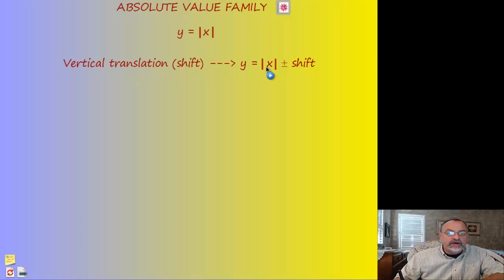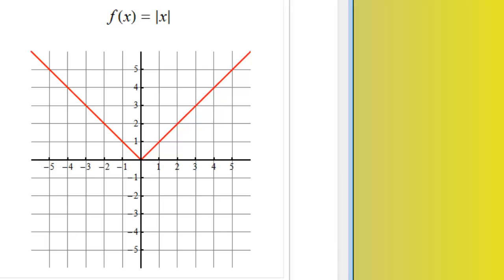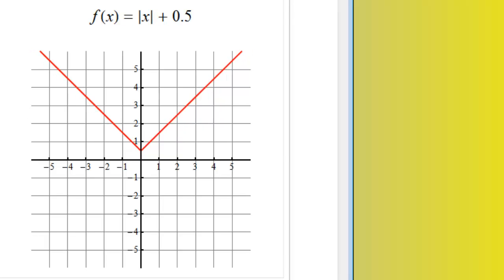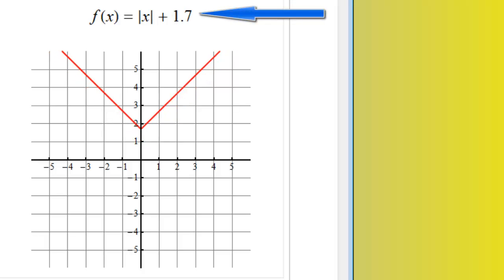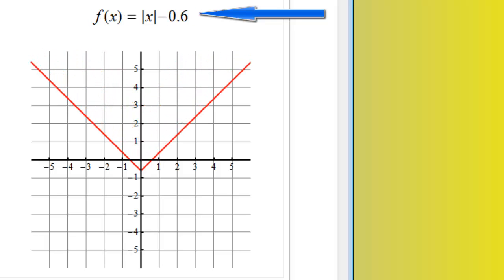If we move the graph up, you'll notice the equation, and which you hopefully saw in your activity, when you added a number on the outside of the absolute value, it moved that graph up or down. A positive number moves it up, and a negative number moves it down from the parent.